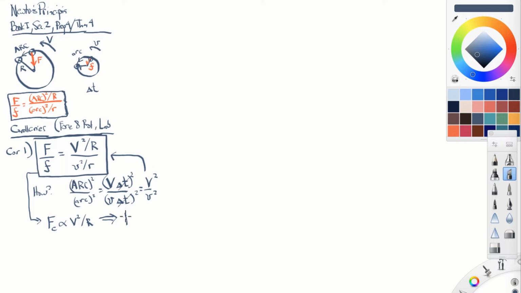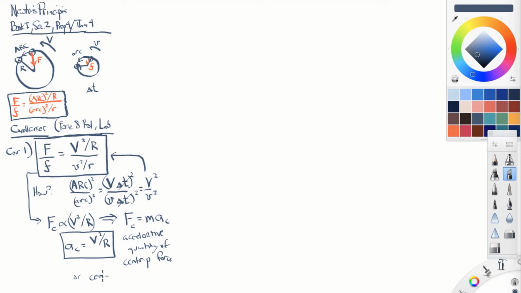Technically speaking, using Newton's second law, since the force is equal to the mass times the acceleration, we will eventually notice that this force, which is proportional to v squared over r, this quantity right here is in fact the centripetal acceleration. The centripetal acceleration is v squared over r. This is what Newton refers to as the accelerative quantity of centripetal force. I know we now call it the centripetal acceleration.